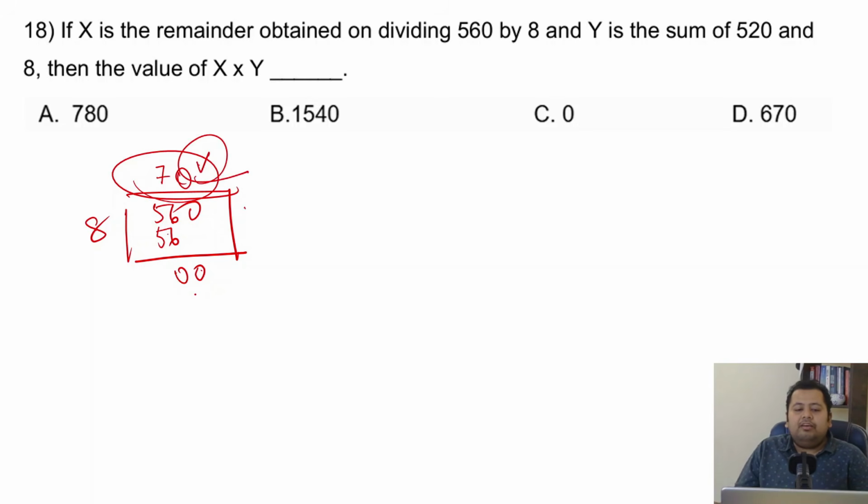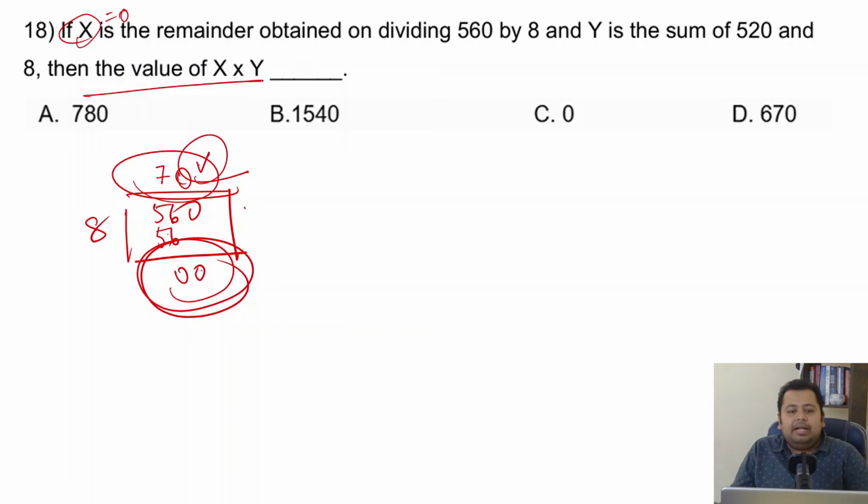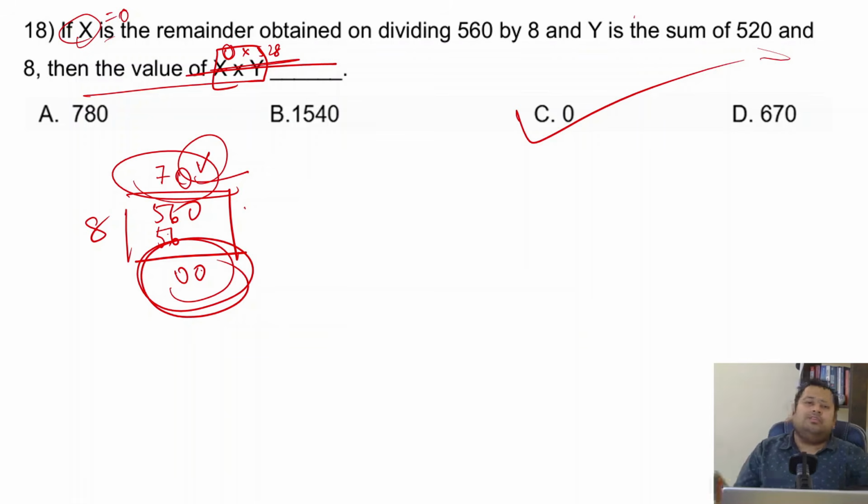And what is the remainder now? The remainder is 0. Now, when the remainder is 0, x becomes 0. Now anything multiplied with 0 is 0. We know 520 plus 8 is 528. If I multiply 0 to 528, how much will you get? You will get 0. Anything multiplied to 0 is 0. So option C is your correct answer.